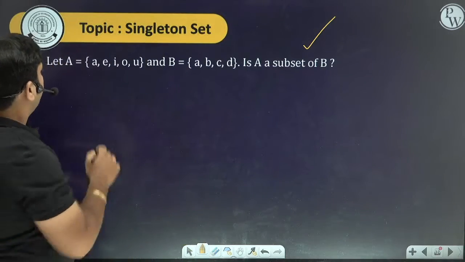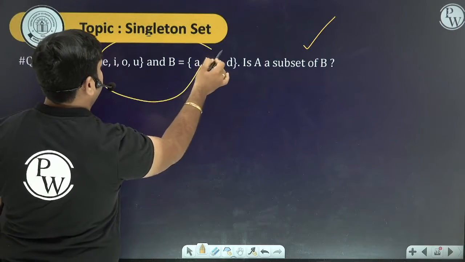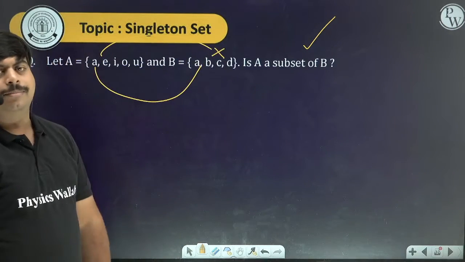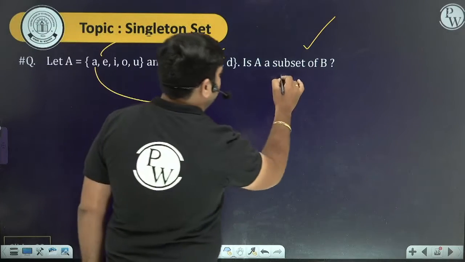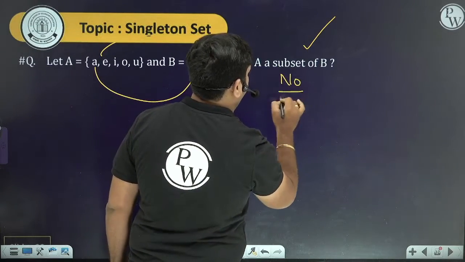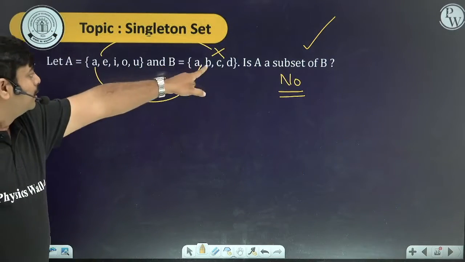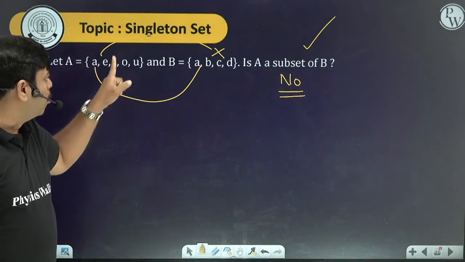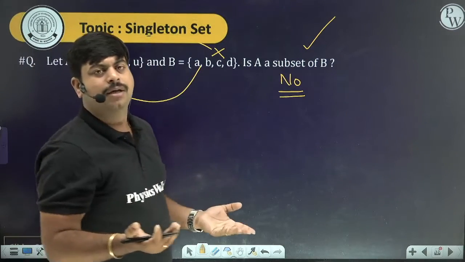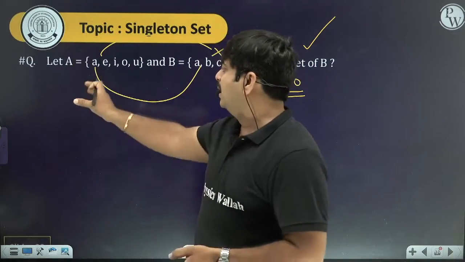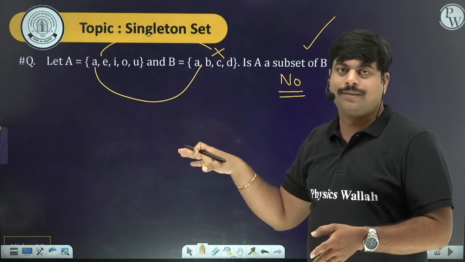Now, a is okay, but what about e, people? e is not there in B. So it is enough to say that A is not a subset of B. i is there which is not in B, o is there which is not in B. Just one element, we can't do anything with that. The entire set A should be inside the set B, then only we can say it is a subset.